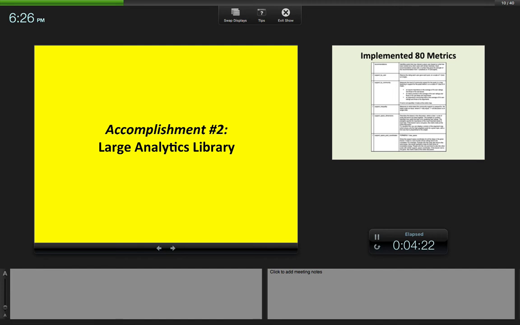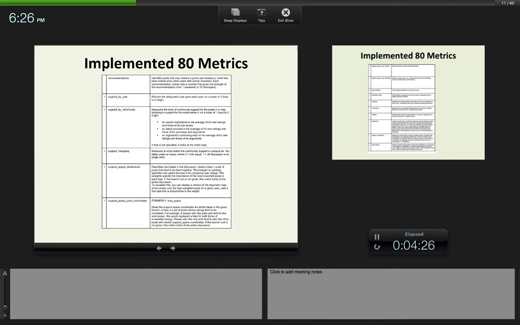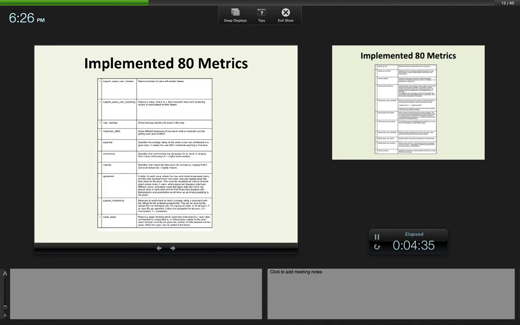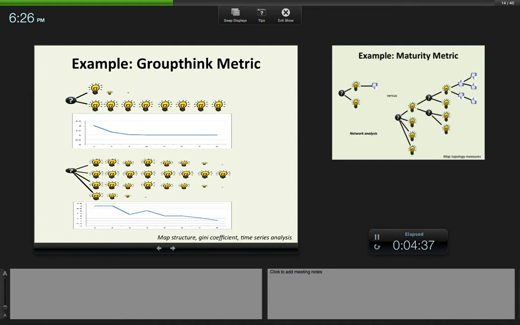Accomplishment number 2 of our work was to develop a large analytics library. The library is too large to describe in detail during this presentation. There were 80 metrics that were implemented by the system, and 3 examples of these include, first, the groupthink metric.